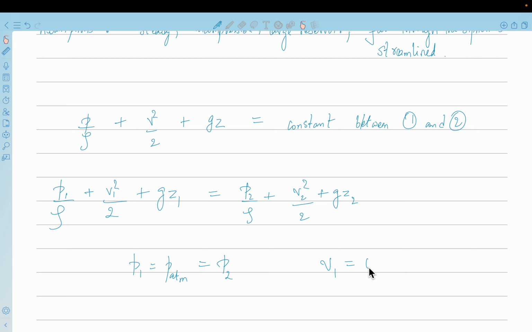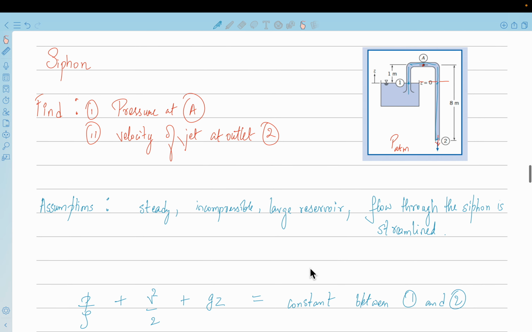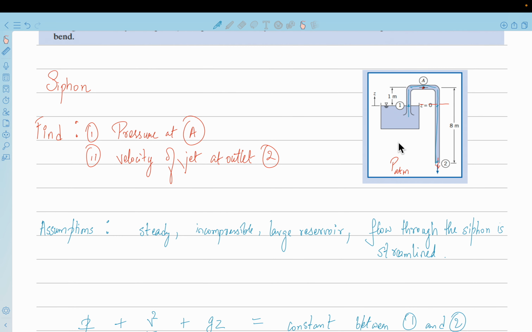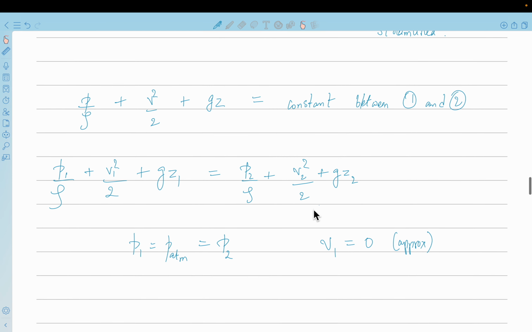So V1 is 0 approximately. And V2 is what we have to find anyways. What about Z1 and Z2? What values should I put in?